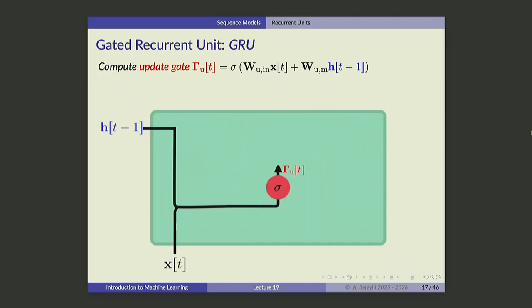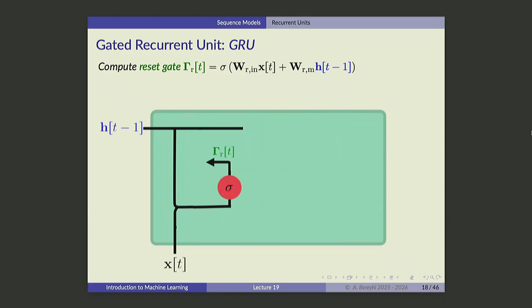I pass it through a sigmoid, so it's going to be something between 0 and 1. This is what I call the update gate. Then I compute the same thing, which I call the reset gate.